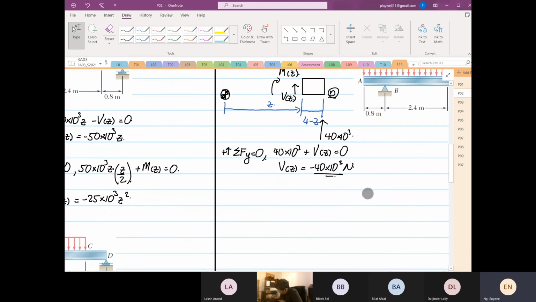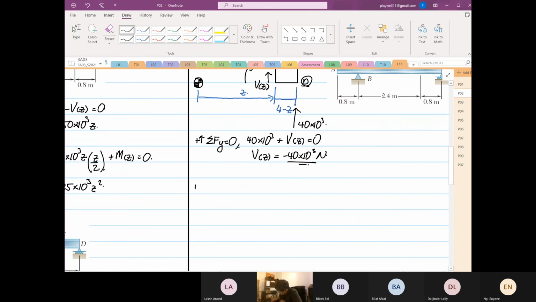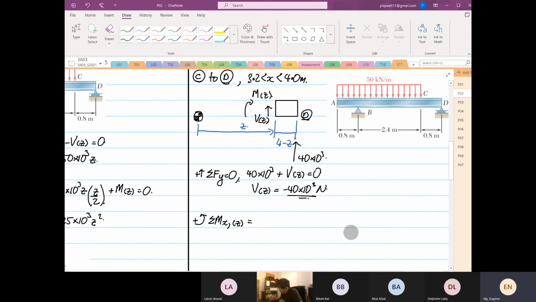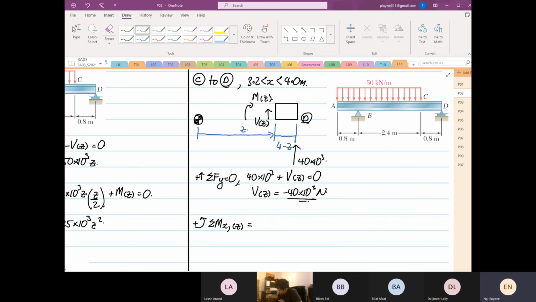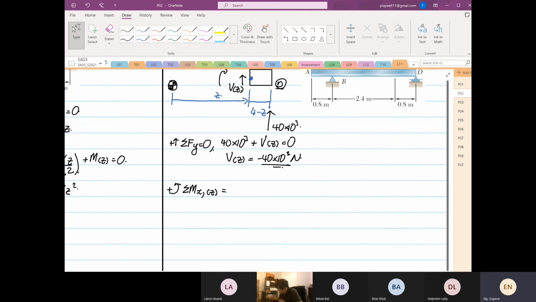And then when we take our moment, we have summation of forces, summation of moment about the x-axis at a slice point at z distance. So this is where we again take our moment. This is equal to 0 first.